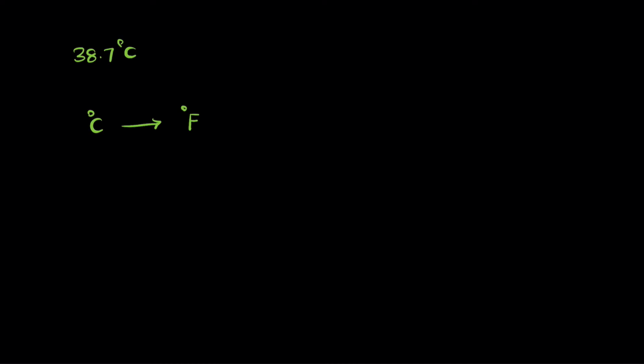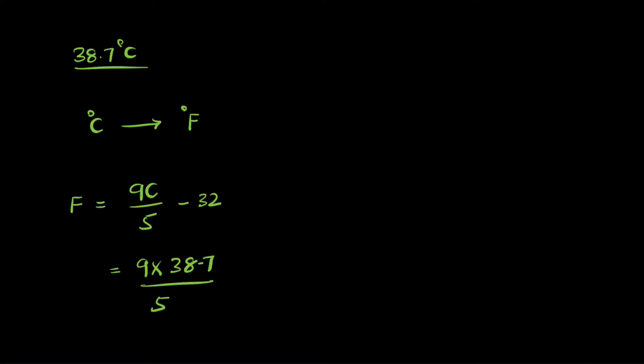To convert centigrade into Fahrenheit, we need the Fahrenheit value. So F becomes 9C by 5 minus 32. Substitute the temperature value in place of C, so you get 9 times 38.7 by 5 minus 32.